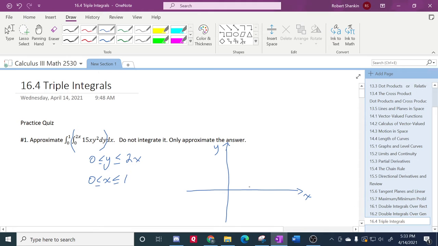So x goes from 0 to 1. While x is at 0, the y goes from 0 to 0. While x goes all the way to 1, when x is all the way at 1, the y is going from 0 to 2.